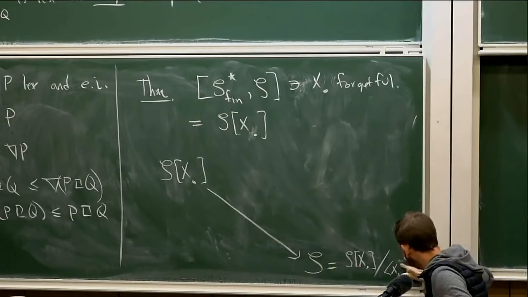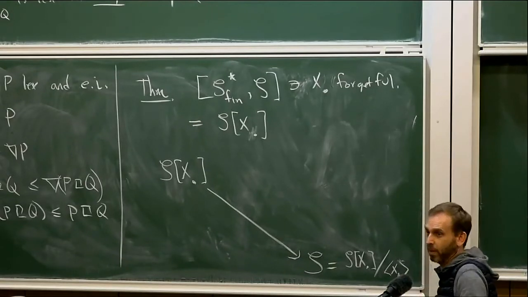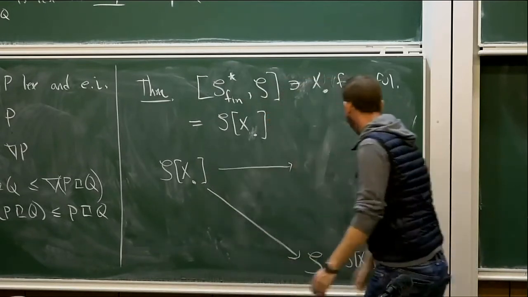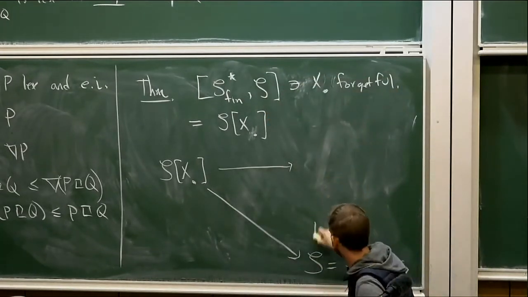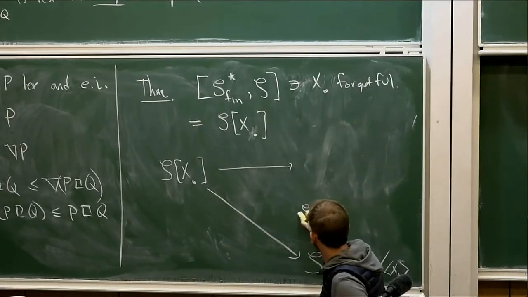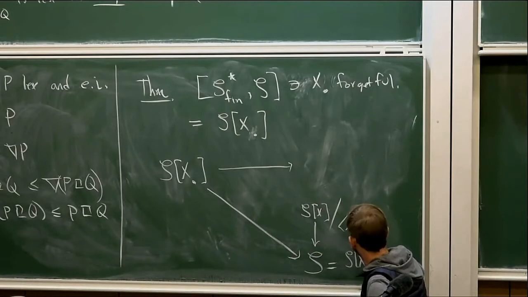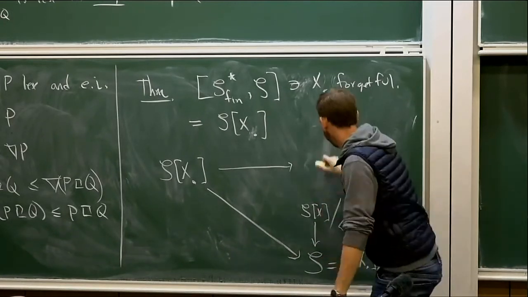It's X adjoined X, but then mod X. Okay, so that's that. Then we get a whole family of towers where we don't kill X, but we kill the powers of X.